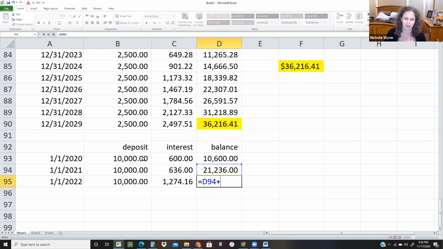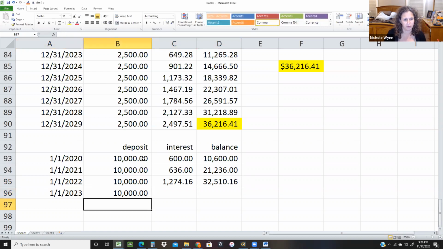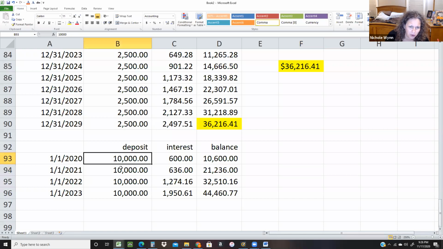So now my balance is... I don't know if I did it right, if I'm being really honest. So I am earning interest on it all 4 years. But I'm thinking that we earn interest up front.